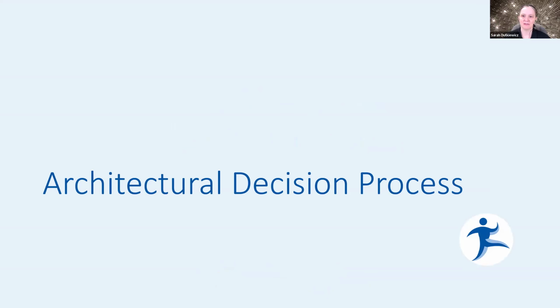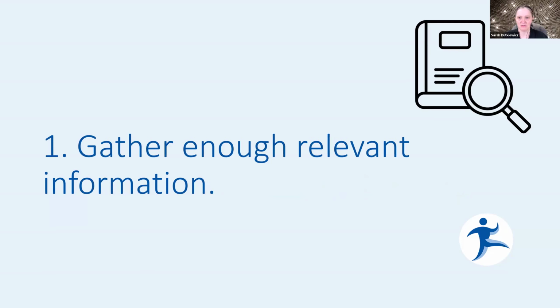So when it comes to making decisions architecturally, I want to make sure we understand a couple of the things ahead of time before we get straight into documenting. First, we got to understand that process of how do you make an architectural decision? The things that we run into as architects, we need to make sure we have enough information that is relevant for us to make the decision and enough information that is good for us to use to make an informed decision.